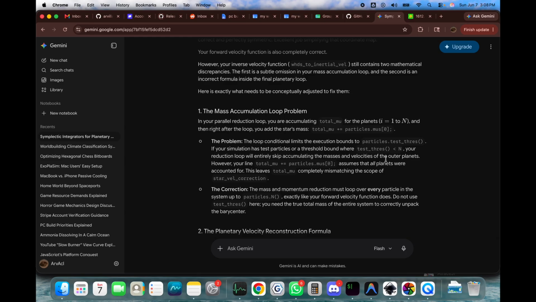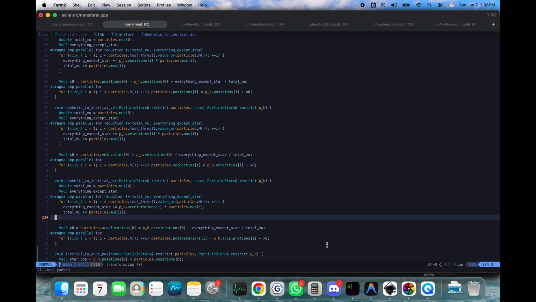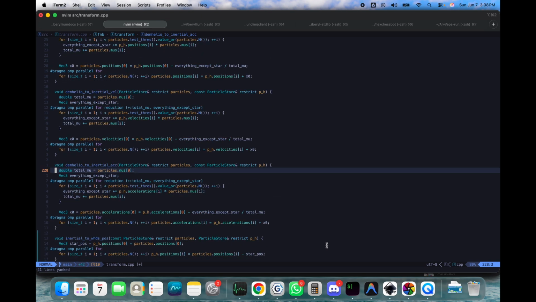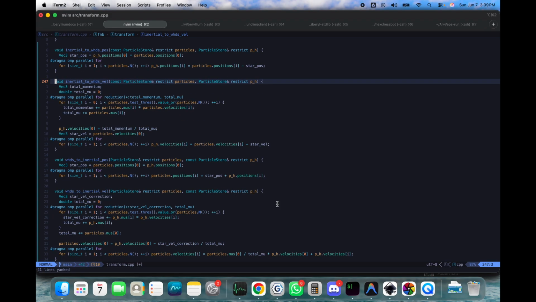You need the true total mass of the entire system. What? I can't use test stars here, but let's check if the code actually relies on anything funny with test stars. Interesting. Yeah, it literally does have test stars involved. I'm not sure what kind of drugs Gemini is on, but it should be fine.